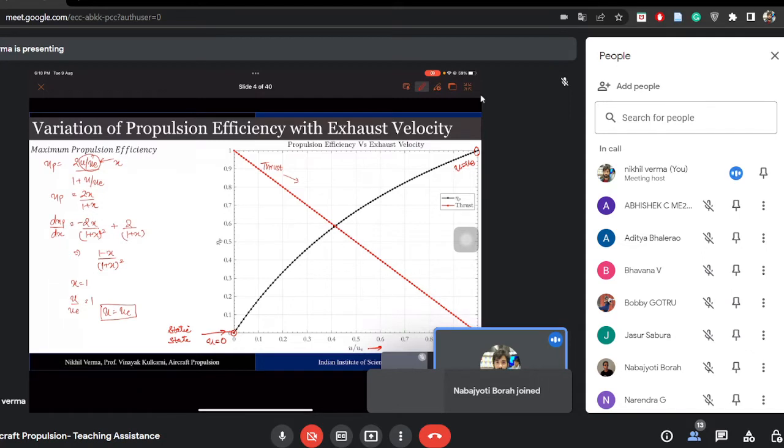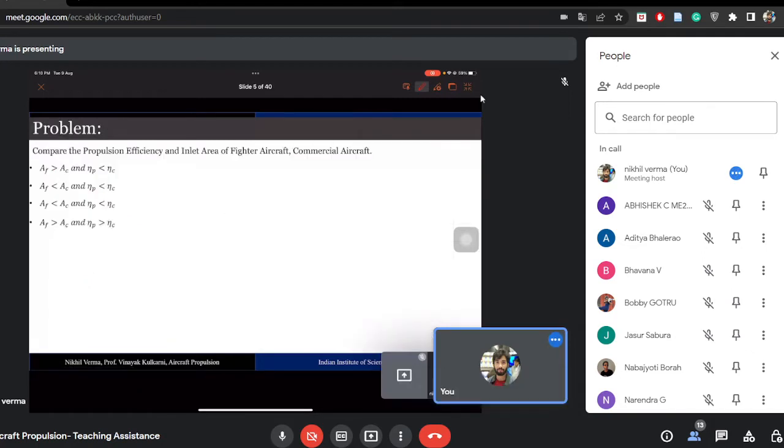Yeah. So let us solve one problem. Let us see whether we can answer this. You have to comment on the propulsion efficiency and the inlet area of the engine, and you have to compare two aircraft. One is a fighter jet and one is the commercial aircraft.